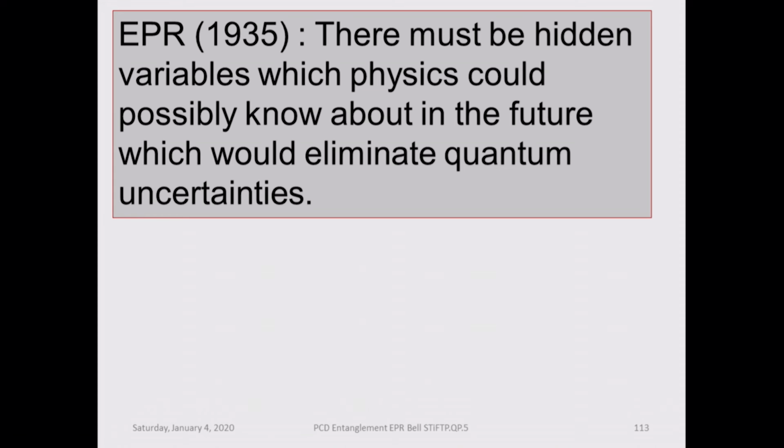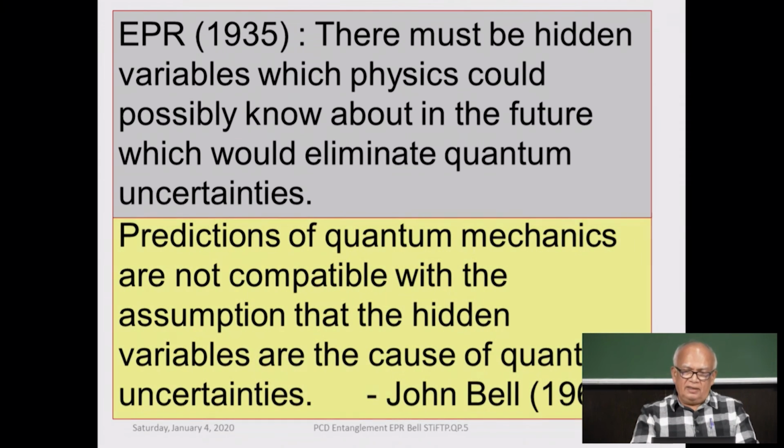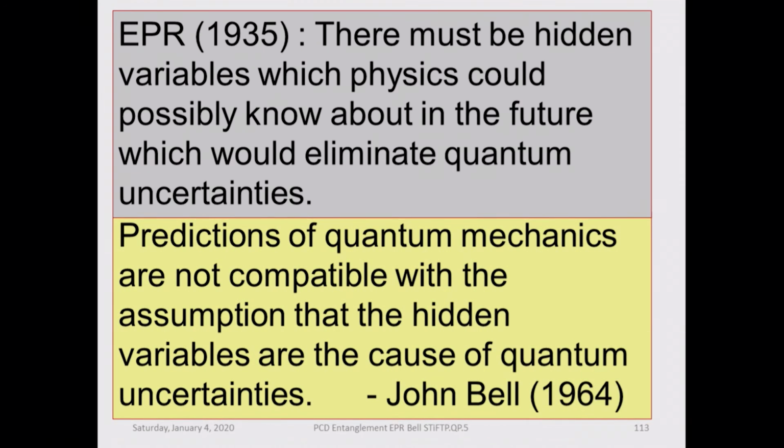There are those hidden variables and they have a certain value, but if you take that as a conjecture, then the statistical correlations that you get out of them lead you to certain inequalities between these three different combinations. And this inequality is violated by quantum mechanics.